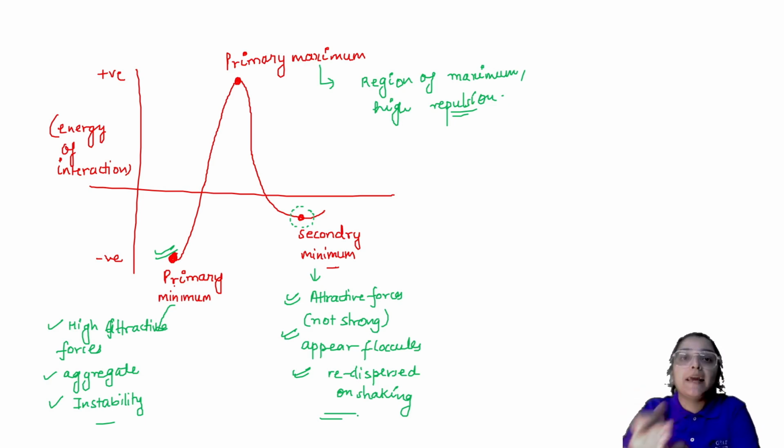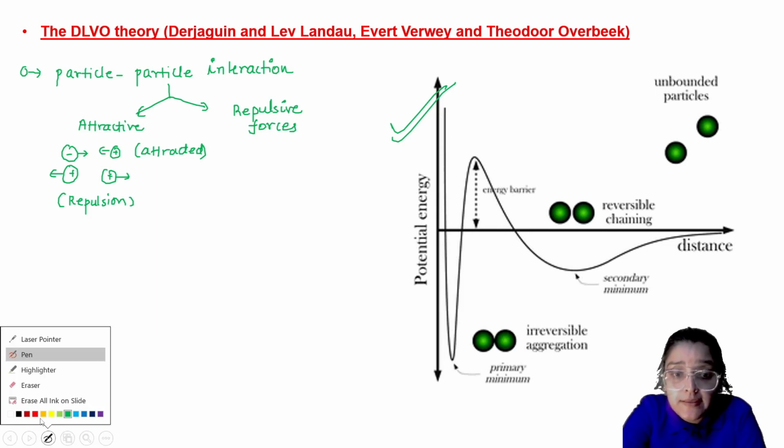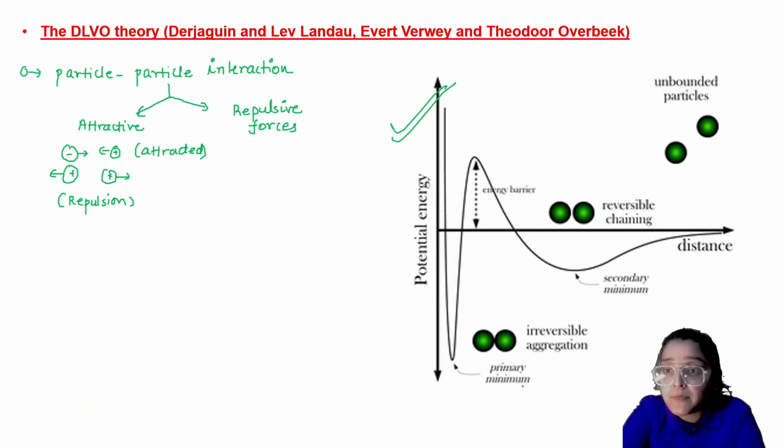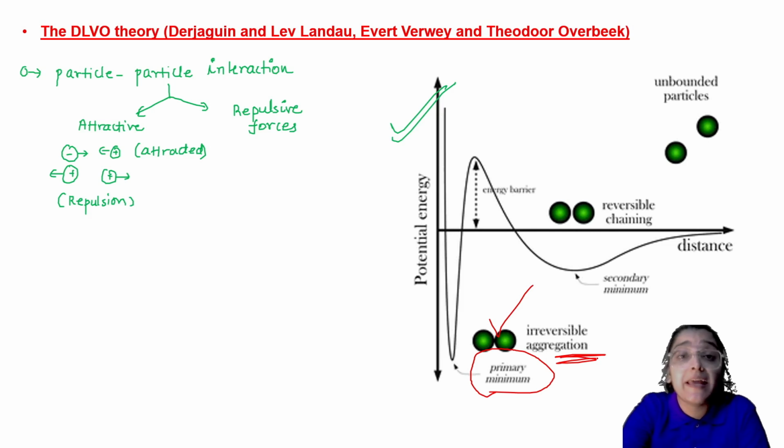Now this DLVO theory is really important from your exam point of view. Basic generalized questions can be asked. You should have this basic understanding of the DLVO theory. Here in this plot you can see the primary minimum portion, where the aggregates are formed. Here it is mentioned that in this region irreversible aggregation between the colloidal particles takes place.